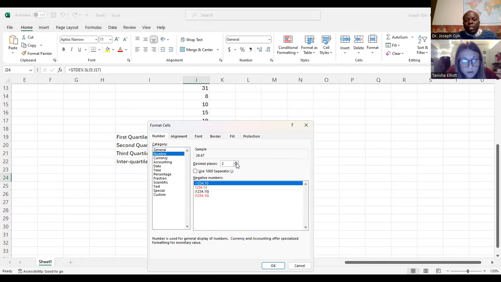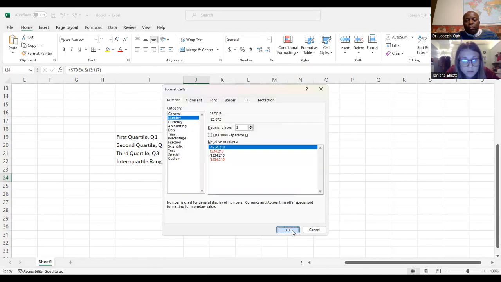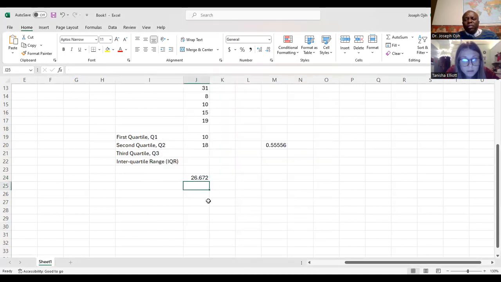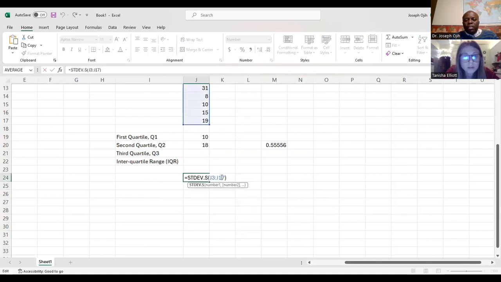Then you can choose, let's say I want 3 decimal places. I'm going to choose 3, then OK. The formula is not gone. It's still there. If you double click here now, you see that it is there. It didn't go away. Format Cells rounds it.